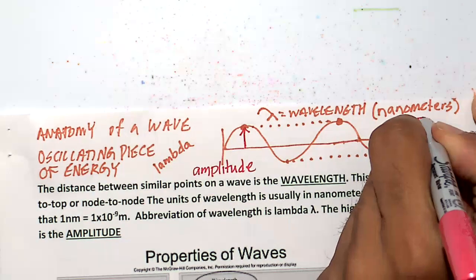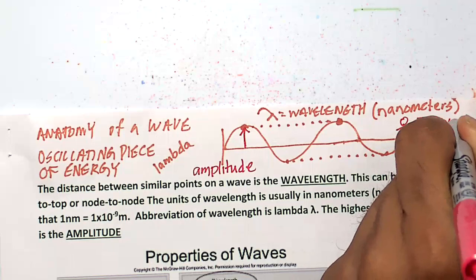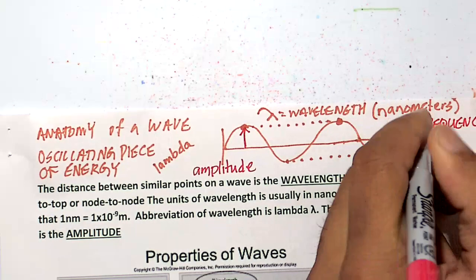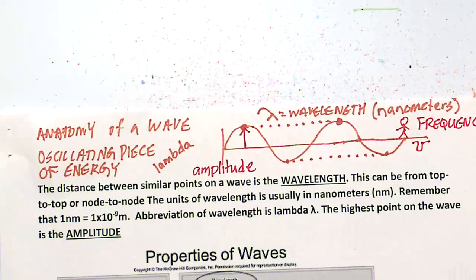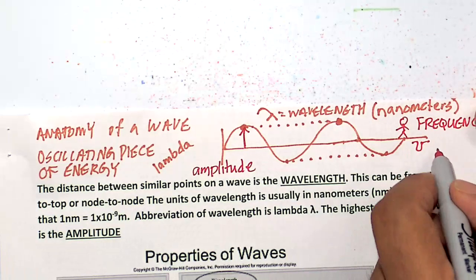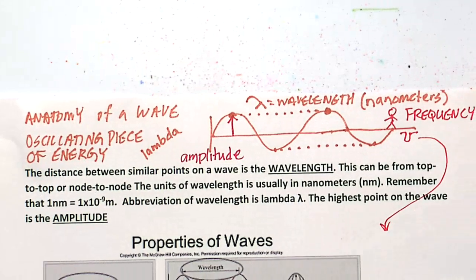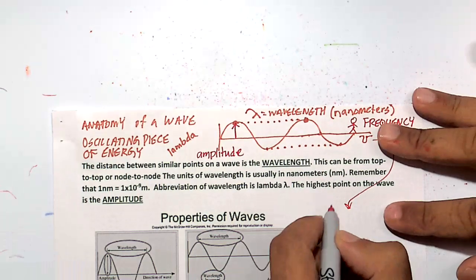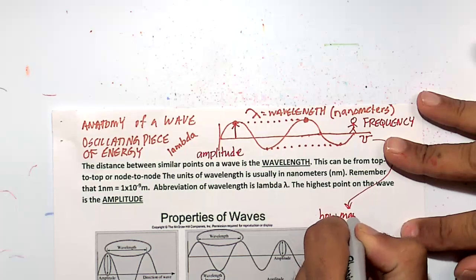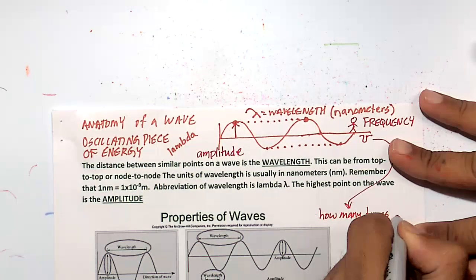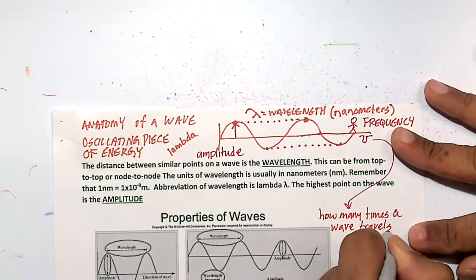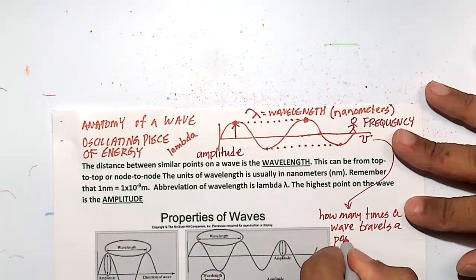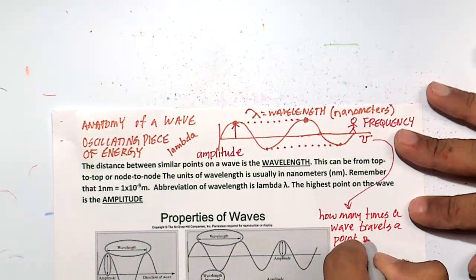So we're going to define frequency. It has the symbol nu, a cursive v. How many times does the wave travel past a point per second? Frequency: how many times a wave travels a point per second.